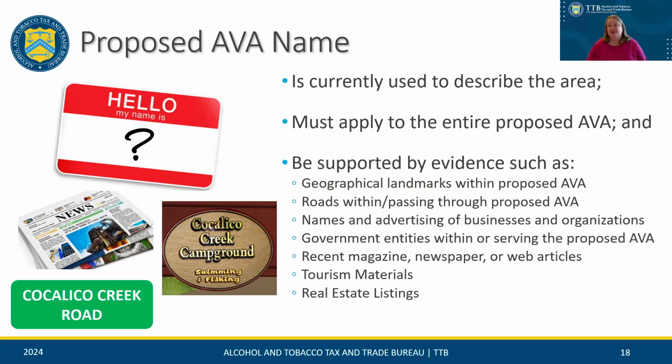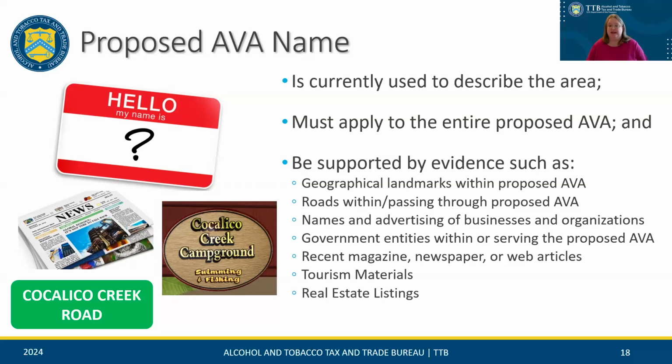For instance, you don't want to name your 5-county AVA after a single town that only exists in one of those 5 counties, unless you can prove that the name of that town is used to describe the entire 5-county area that you are proposing. Your proposed name also must be supported by evidence.